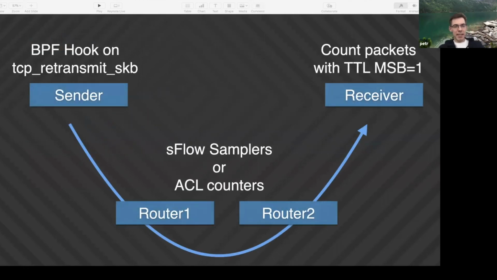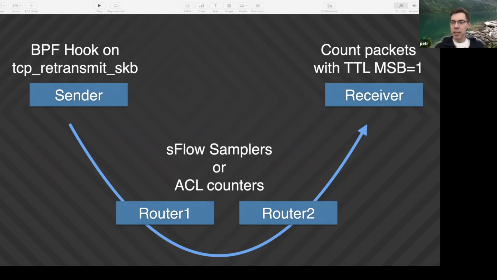But that's an amazing diagram explaining the architecture of TTLD. On the sender, we hook and mark packets. In the network, we use sFlow samplers, or actually ACL counters. You can actually match in ACLs on the TTL field. I think most silicon vendors support that, if you just want to count precisely the number of transmits.